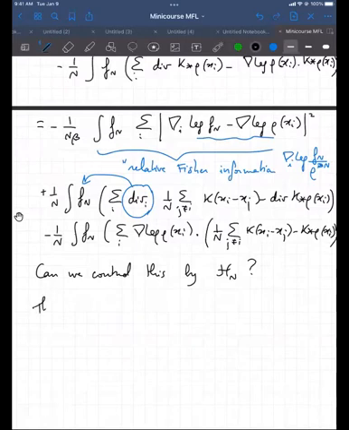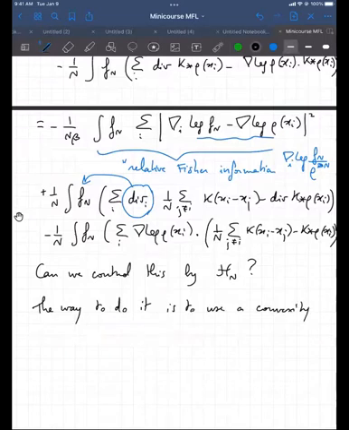So the way to do it, there's not many tools at your disposal, is to use a convexity inequality, which is a formula a bit like a convex duality formula that allows you to basically make a change of measure.